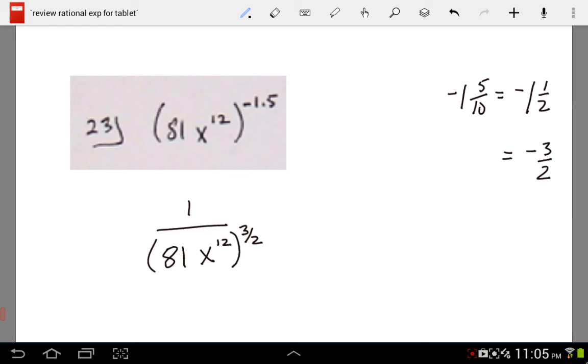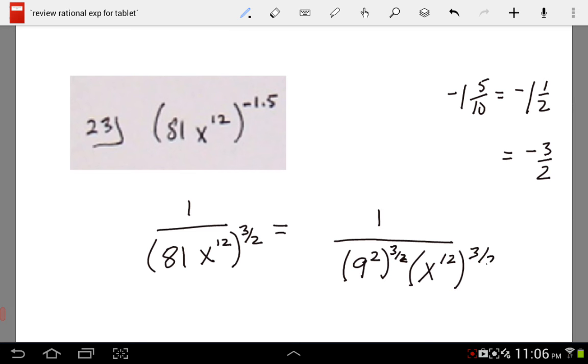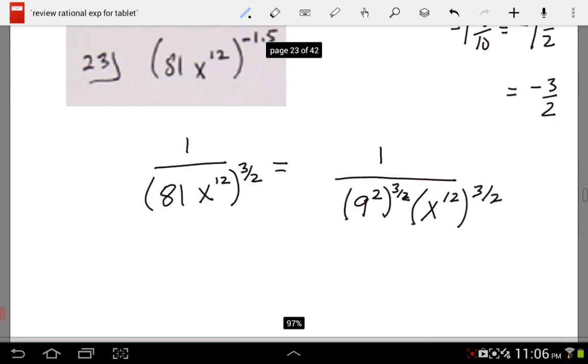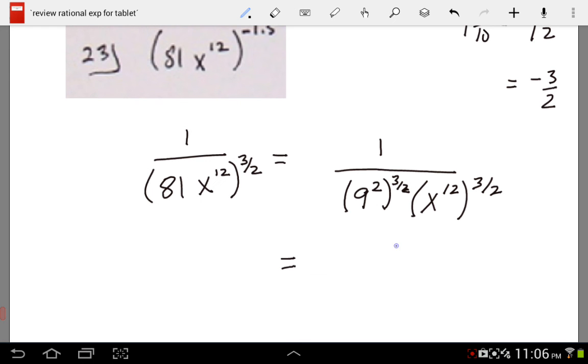Now, let's get to the part where we can simplify it. So let's write them individually now to the 3/2 power. Now with 81, I can write that as 9 squared. And again, we'll write this separately to the 3/2 power. Now, we can go back to canceling there. Alright, so those 2's will cancel. 9 to the 3rd power.